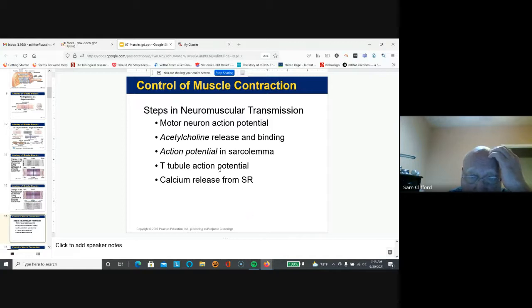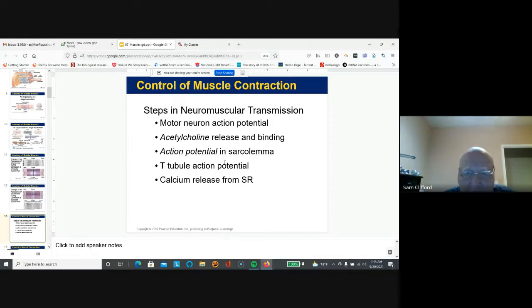So this is a list of what happens. Voluntary muscle has to receive a nerve signal or an action potential. The neurotransmitter acetylcholine is released and binds to receptors. When acetylcholine binds to receptors, we'll see that sodium moves into the muscle fiber.